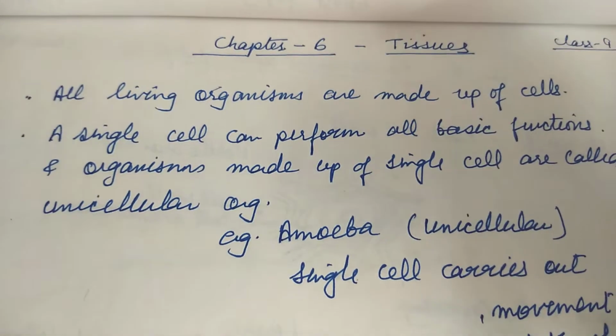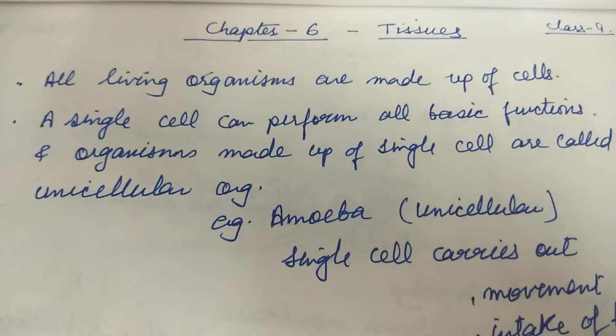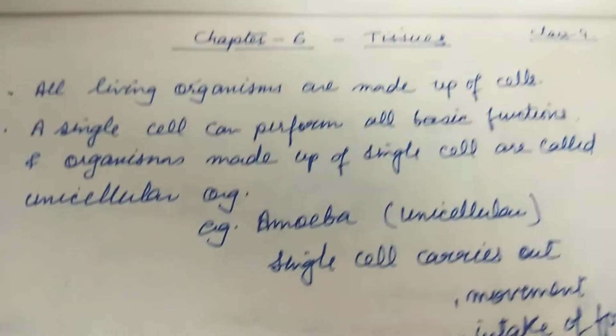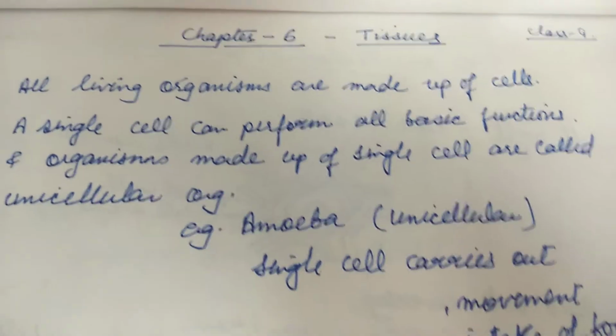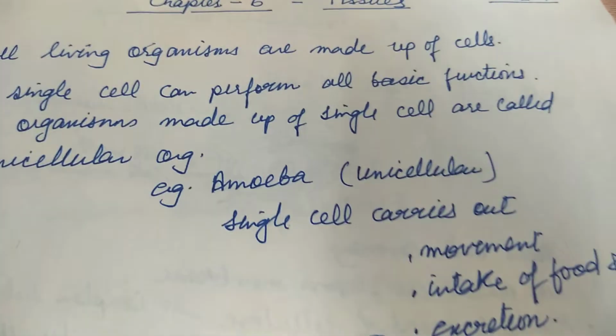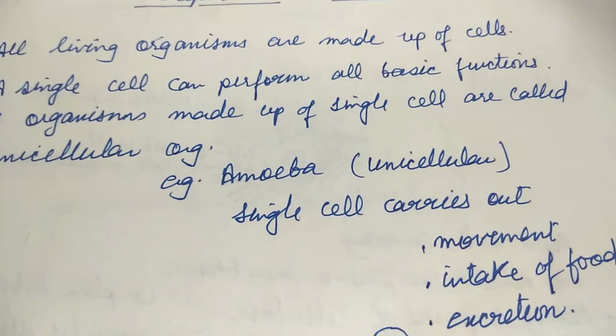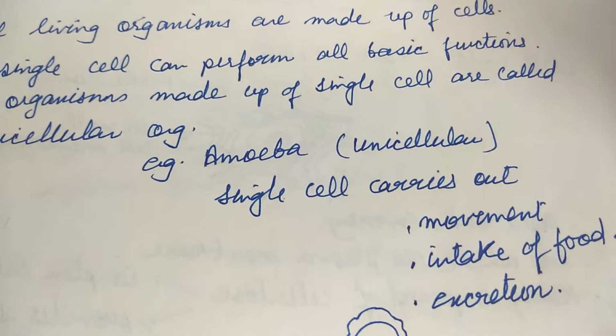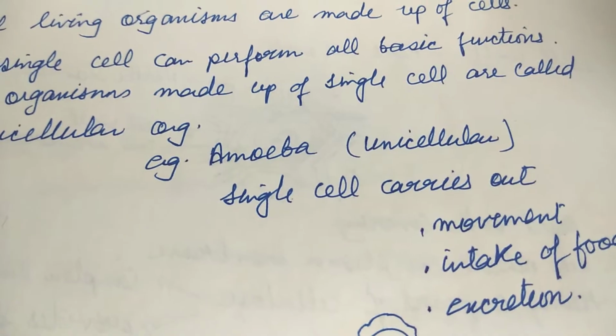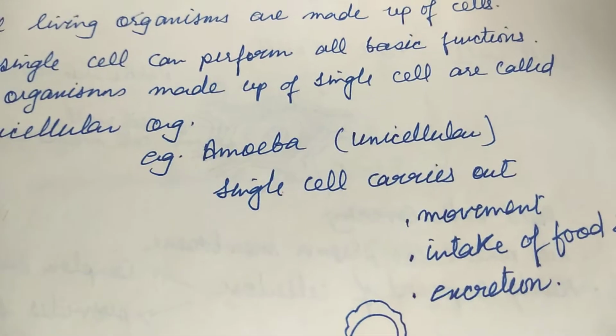Okay? And we also know that a single cell can perform all basic functions. We know that there is organism made up of single cell. We call them unicellular organisms, like amoeba. It's unicellular.